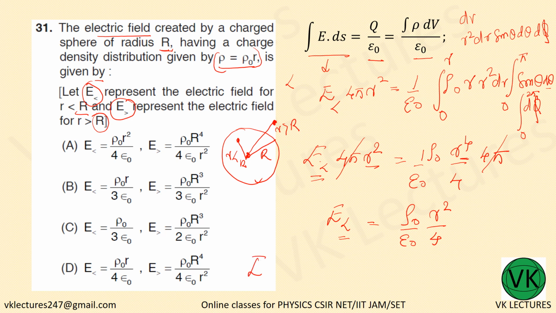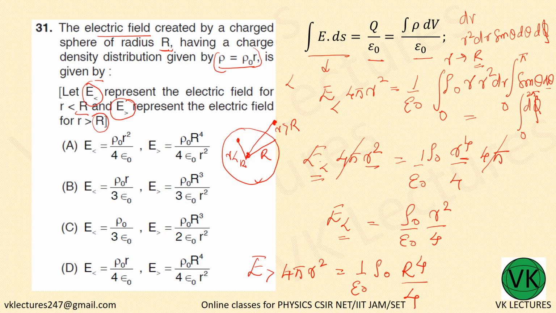Now what is E greater? For E greater, on the right hand side you have to integrate from 0 to capital R. You change this small r to capital R, and you get E greater. So E greater into 4 pi small r squared is equal to 1 by epsilon naught times rho naught into capital R power 4 divided by 4.